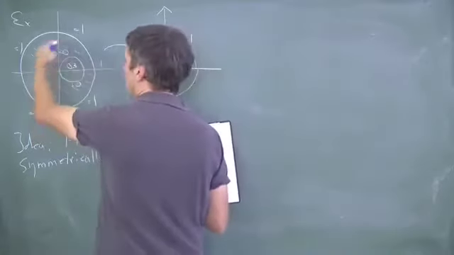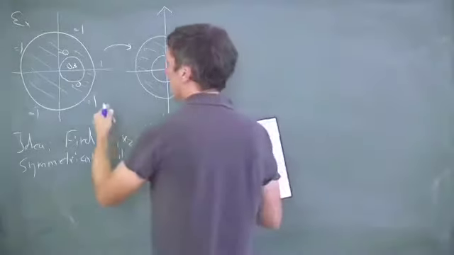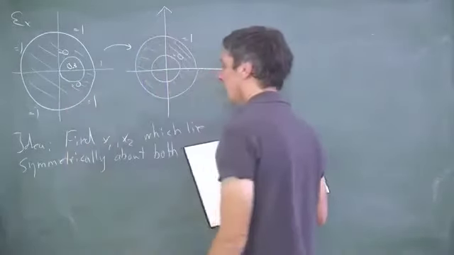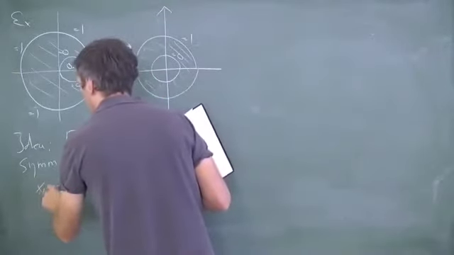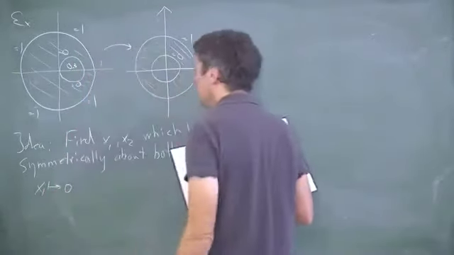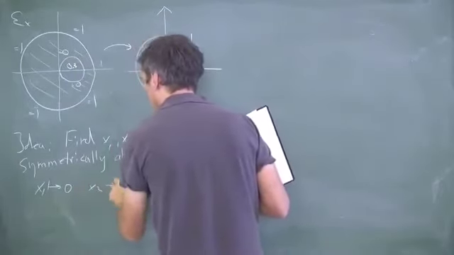So we want to find points over here which lie symmetrically with respect to both circles. And when we have found these 2 points, we want to map one of them, say x1, onto the origin, and the other one, x2, onto infinity.